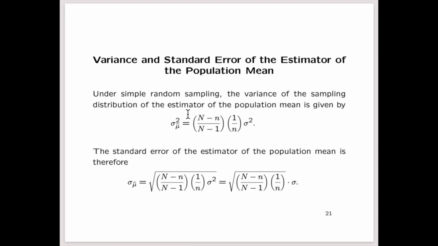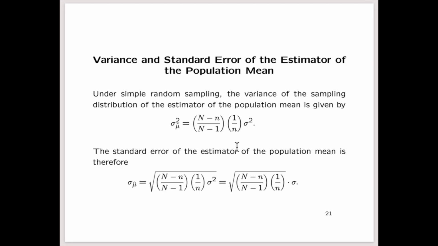The variance of the sampling distribution of mu hat, our unbiased estimator of the population mean, is given by cap N minus little n over cap N minus 1, times 1 over little n, times sigma squared. This is the variance of mu hat. It is a function of the population size, the sample size, and the population variance.